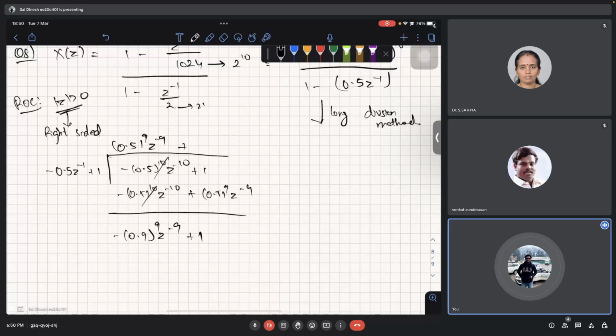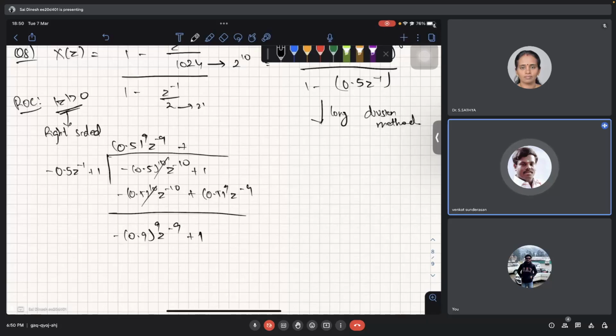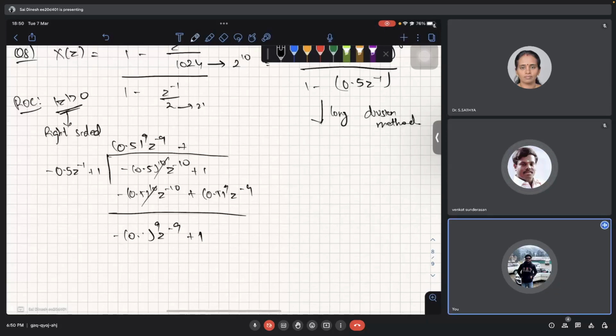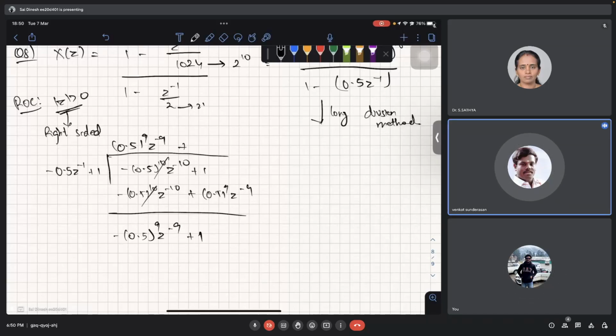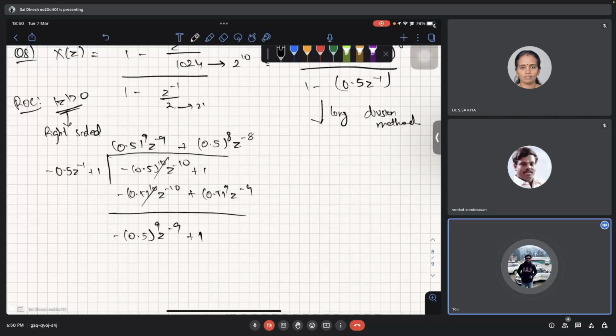So next what do you multiply? Actually, it's 0.5 power 9, is it not, sir? Oh yes, exactly. Sorry, 0.5 power 9. So what do you multiply next? It will be 0.5 power 8, z power minus 8.